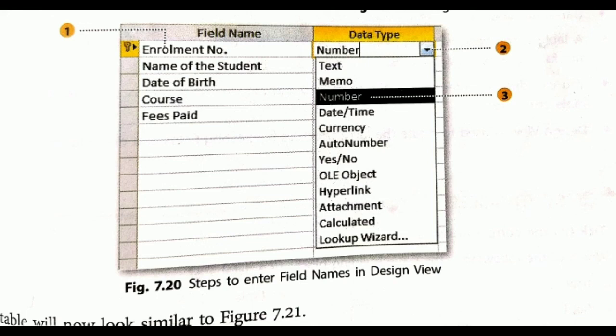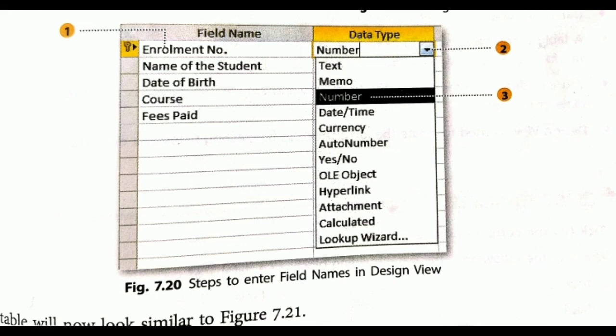After entering the field names, the second task is to enter the data type. We have studied that in design view we users have to create the structure of the table and enter the data type for each field. In datasheet view, Microsoft Access will automatically create the structure for the table and automatically select the data type.